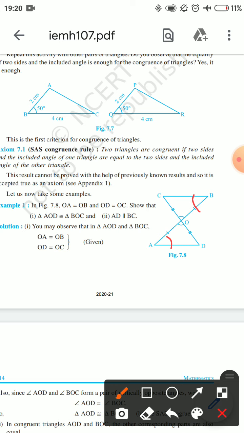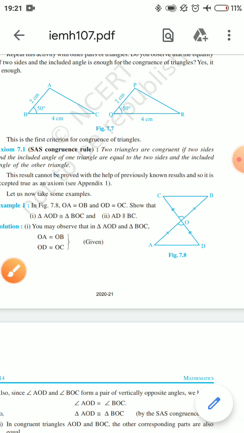So line BC will be parallel to DA. Reason: because alternate interior angles are equal, that's why the two lines are parallel. You can also conclude one more result, that is, side BC will be equal to side AD, and this angle will be equal to this angle, right? We can also say this by CPCT, right?